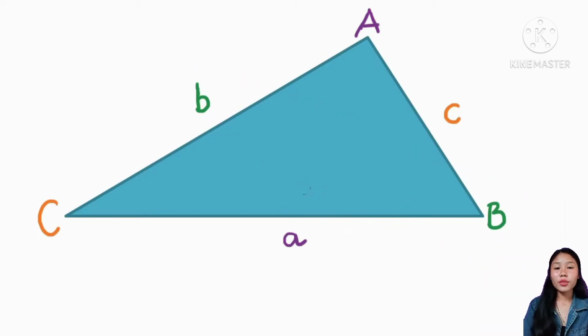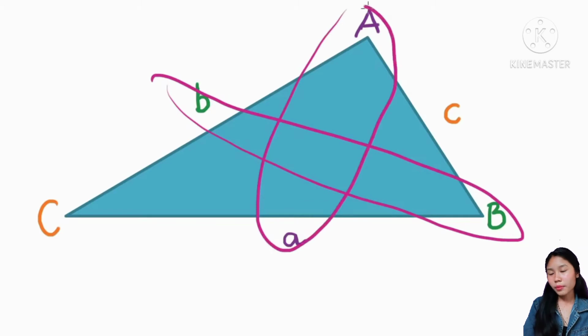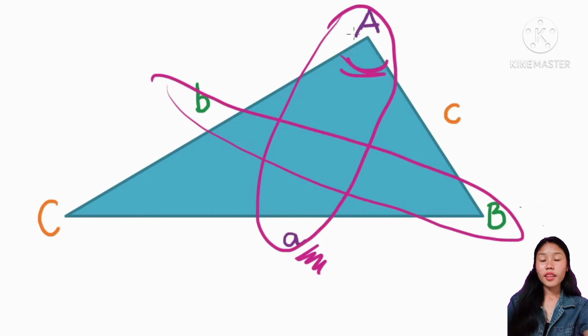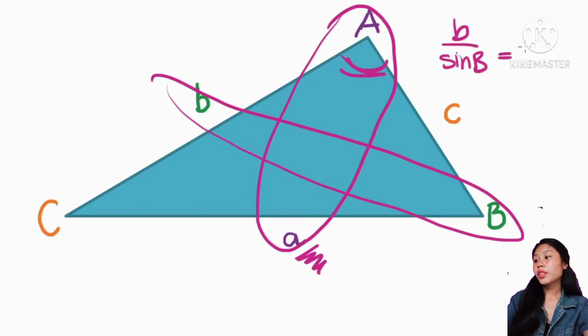We really need to know two matching sets. For example, if we know B to little b and two pieces of information that make up A, where we know the angle and we're trying to find the opposite side, or we know the opposite side and we're trying to find the angle, then we can use the law of sines, which is b over sine B equals a over sine A. Now we will use three of those pieces of information.